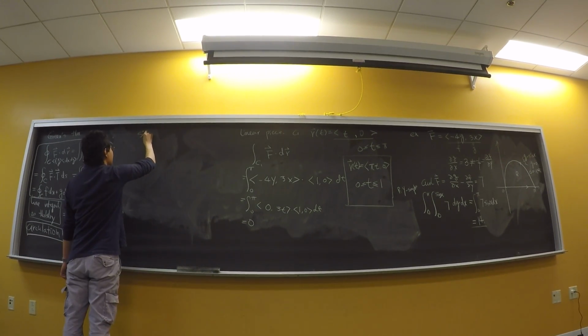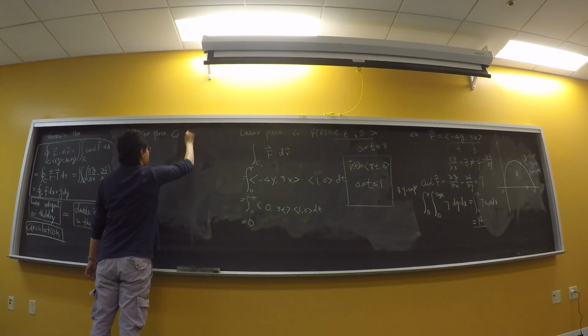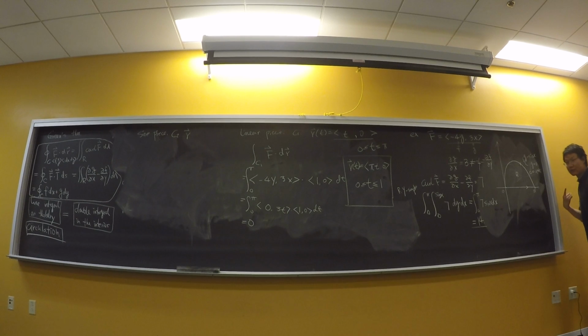So let's look at the sine piece, where C2 is going from, remember, we have to be super careful. We can easily have a parametric equation, but also we have to make sure this point is where it begins and this point is where it ends.